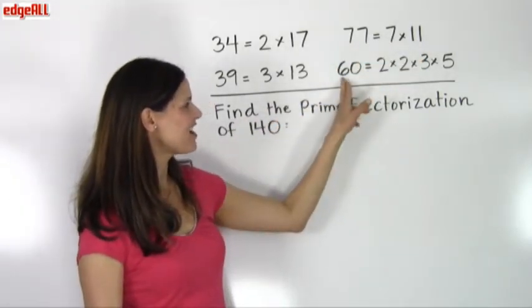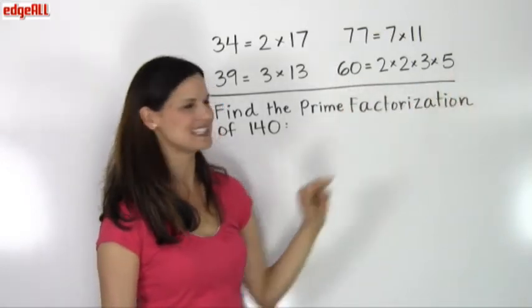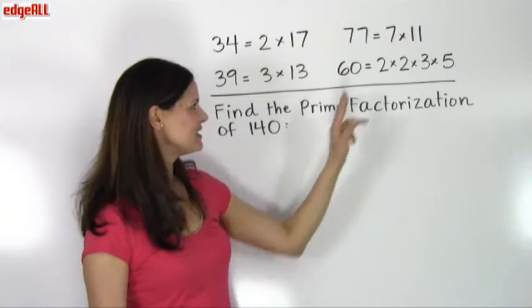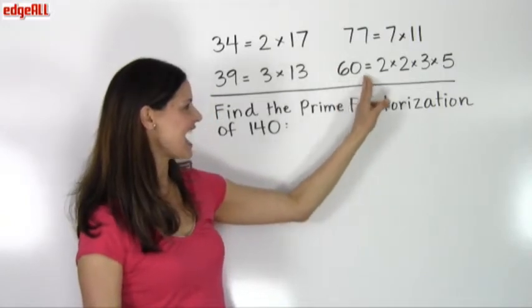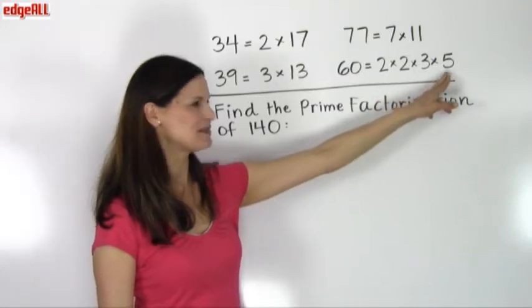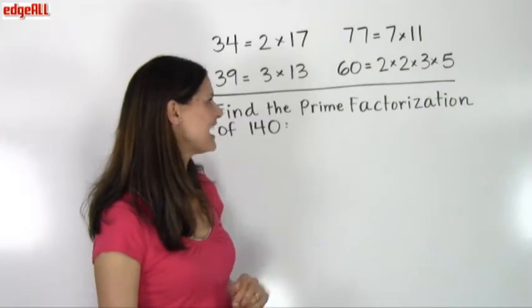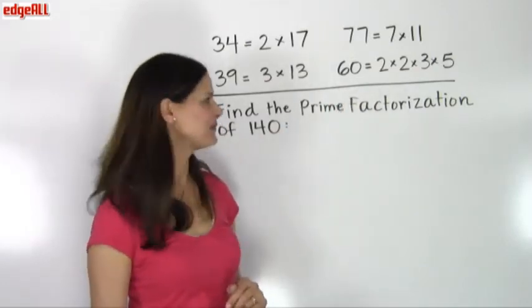And then we can see on this 60, I've only written out the factors of 60 that are prime numbers. So I can look at 60 as 2 times 2 times 3 times 5. If I multiply all those numbers together, I will get the answer of 60.